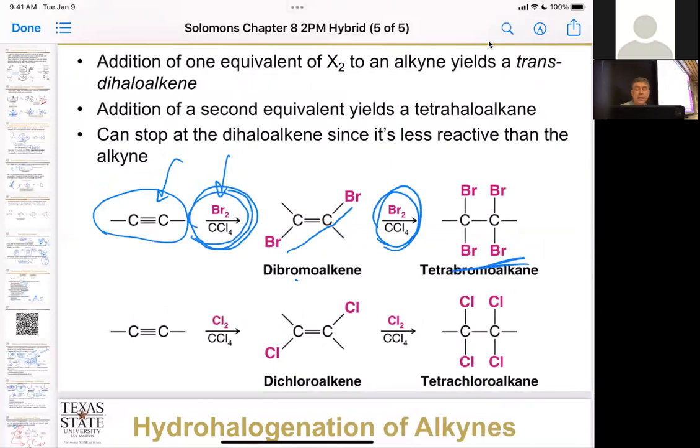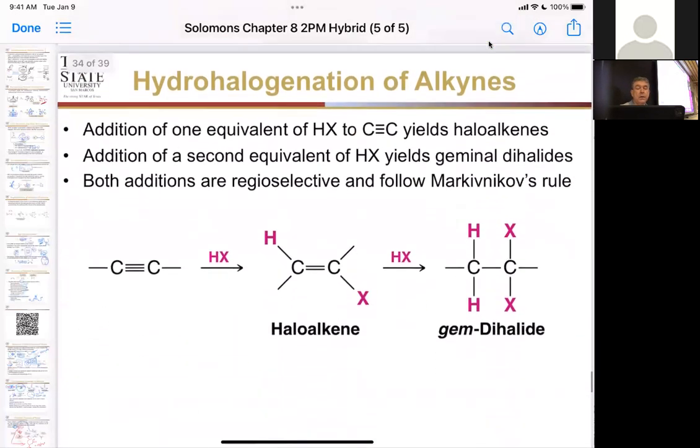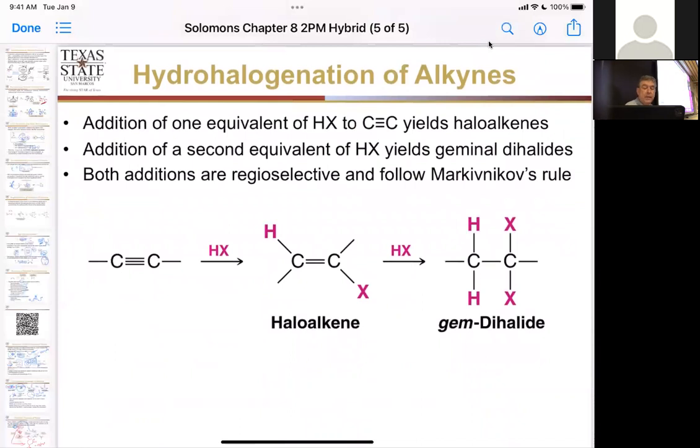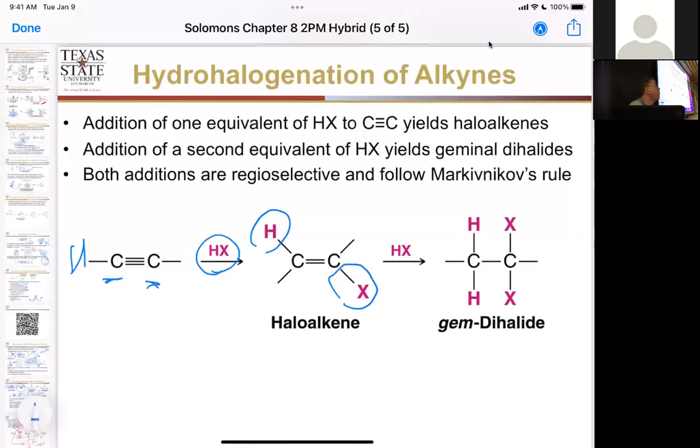So do these alkynes also follow Markovnikov's rule? Yes, they do. You can't really tell on the first one because there might not be any hydrogens here, but when we add our HX, if there is a hydrogen on one side, it will go on that side and we'll end up with a haloalkene.